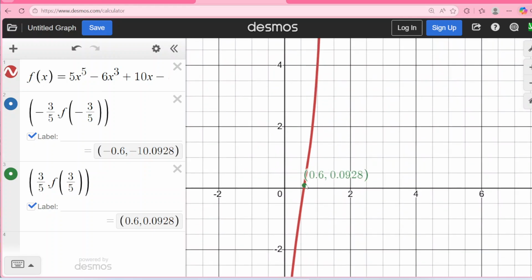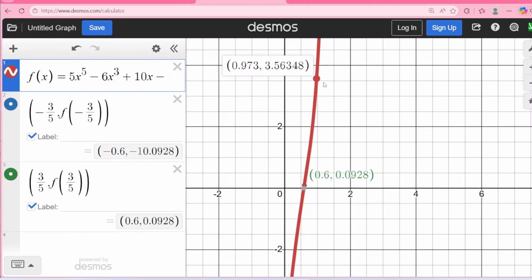And then from this point where x equals positive 3/5 onward, it's curling back up. It's part of a bowl holding water, concave up. And again, it's very, very slight. Maybe not so easy to tell with this picture, but that is happening in our graph.